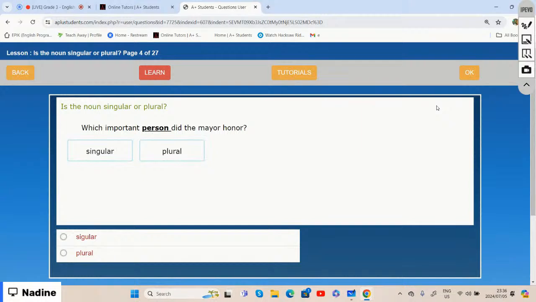Person refers to one person, which means that it is singular.